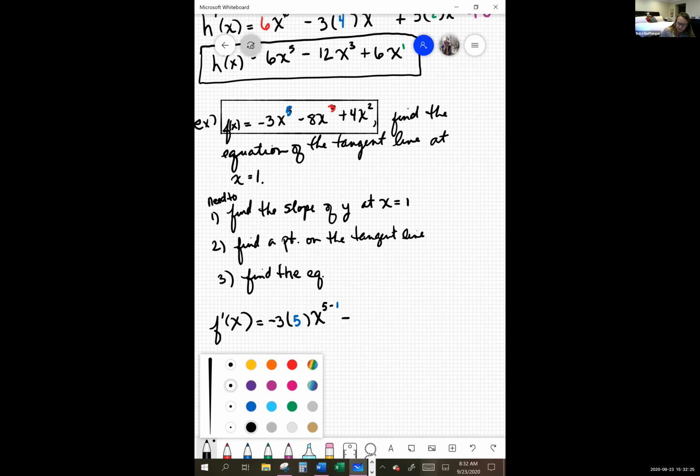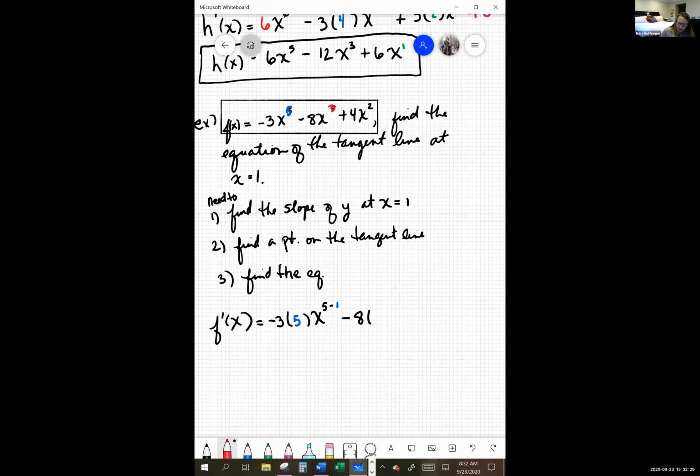So we'll have the minus 8, taking the derivative of x cubed, and bring down our power of 3, x, and take our power, which is 3, and subtract 1. Plus 4, bring our power down for the x squared, which is 2, and subtract 1 from our power.